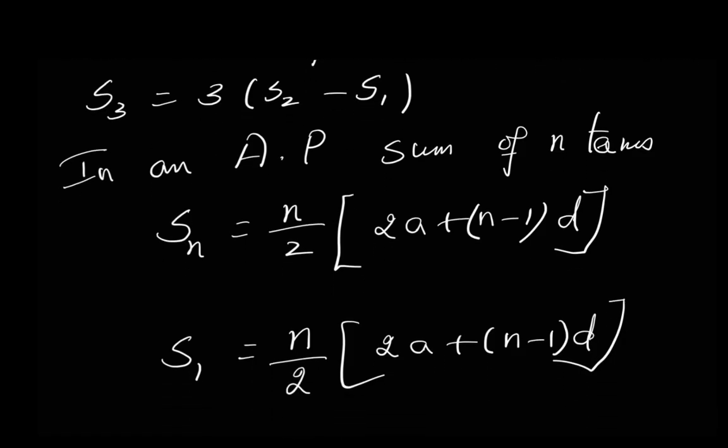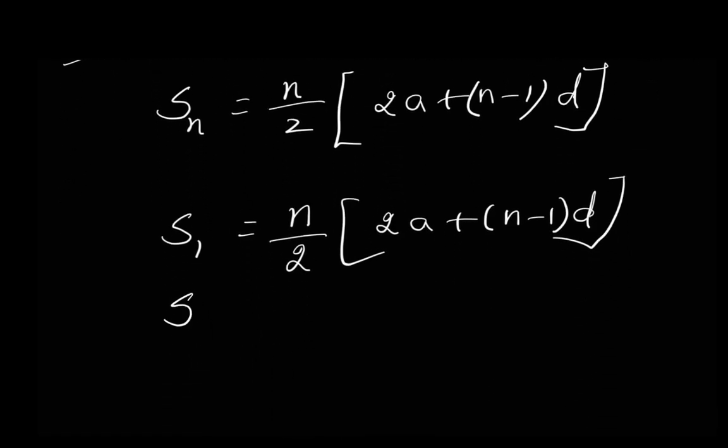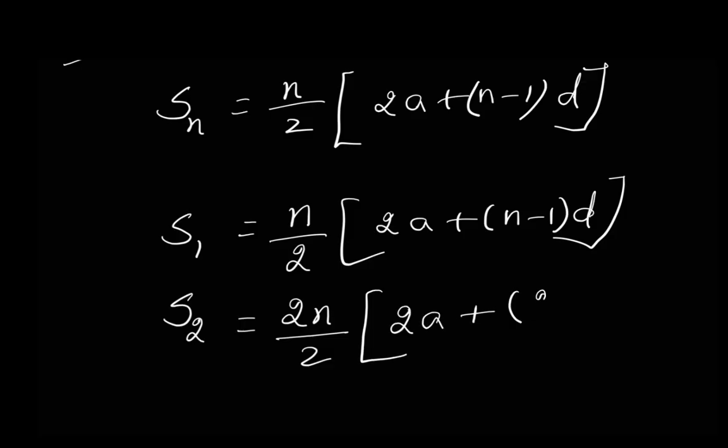S2 is the sum of 2n terms. Replace n as 2n: 2n by 2 into (2a plus (2n minus 1) into d).